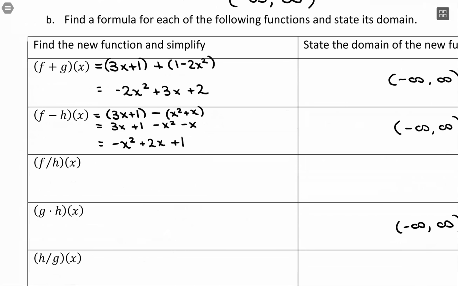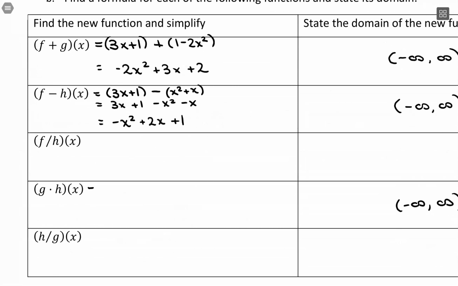Let's skip over division for a second and just look at the multiplication piece. So g of x is 1 minus 2x squared, and multiplying that with x squared plus x. And what we're going to do here is FOIL.